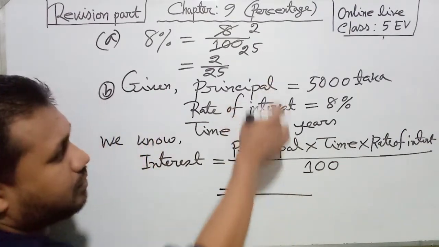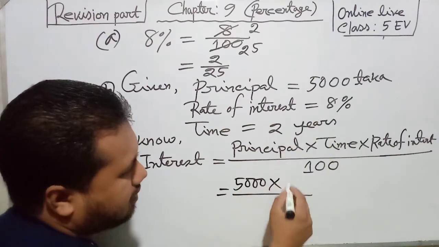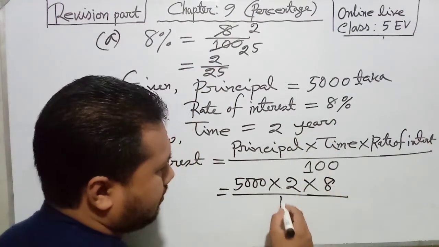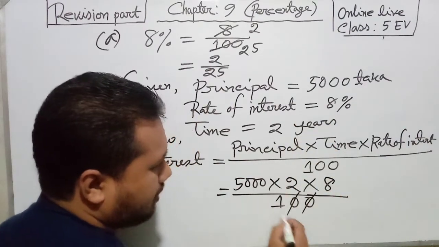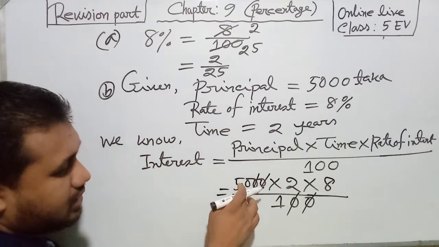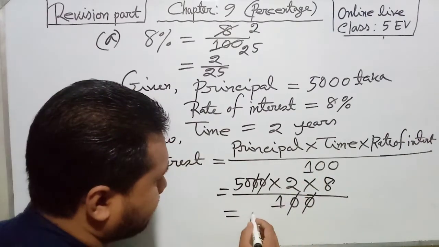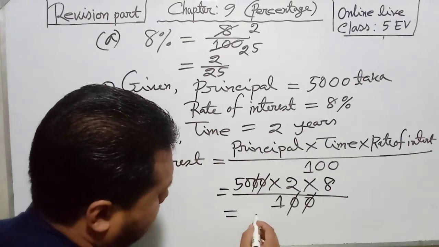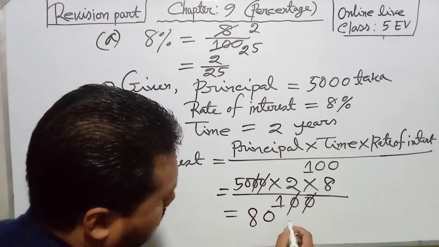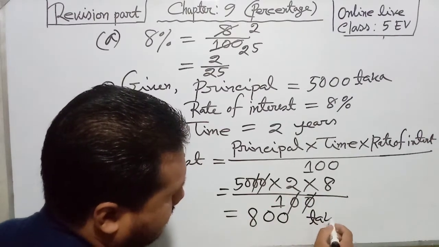Now we need to insert the values. Principal we have to write 5000, time this indicates 2 years, and rate of interest this is 8 divided by 100. Now if we minimize this, both by 20, now 8 times 2 is 16 and this is 5, and we know 16 times 5 is 80, and another 0, so 800 taka.